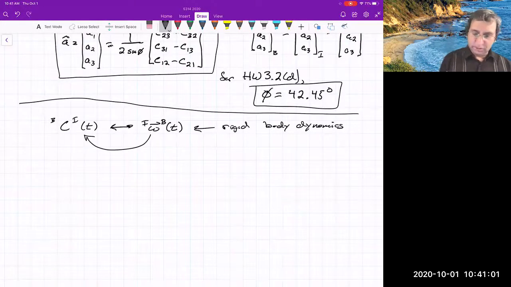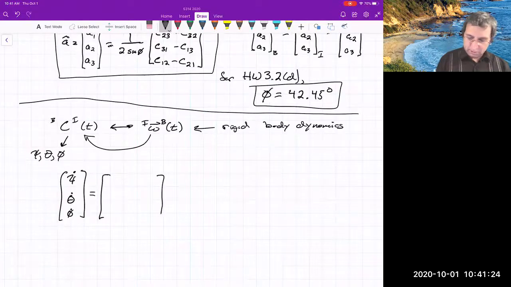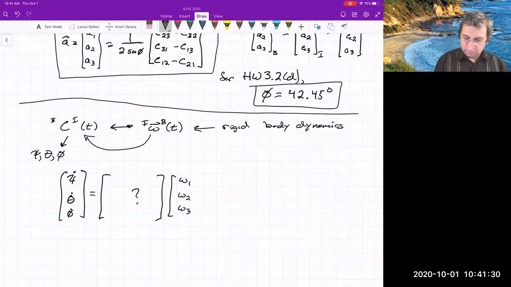Since we could write this in terms of Euler angles, let's just say yaw, pitch, and roll, there's a relationship between the rate of change of yaw, pitch, and roll. This equals some 3x3 matrix times omega 1, omega 2, omega 3.